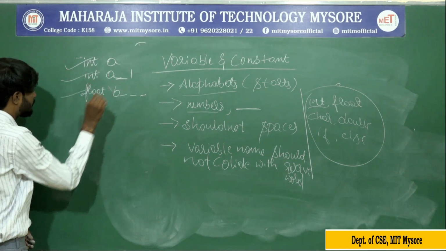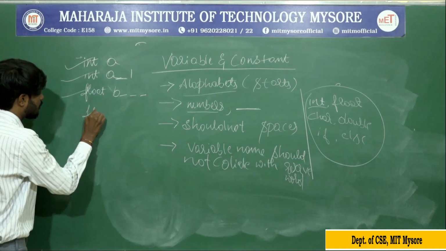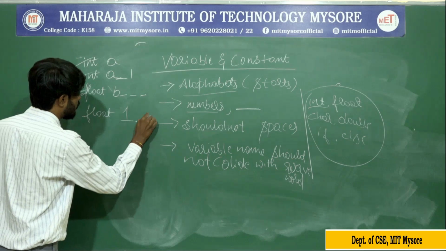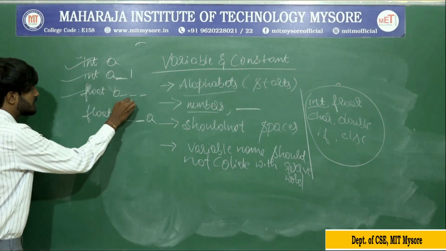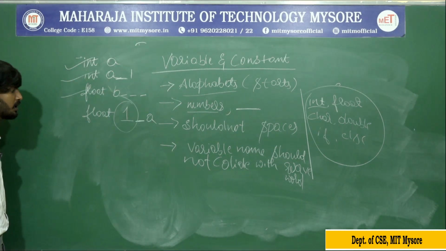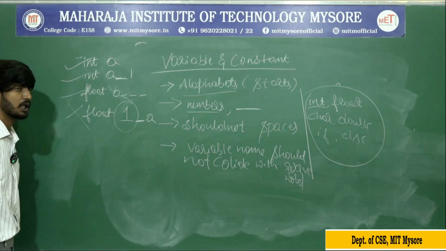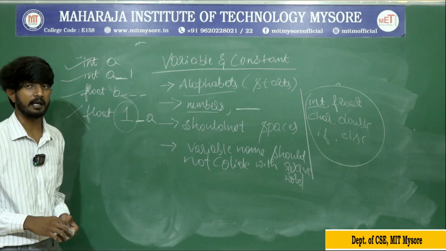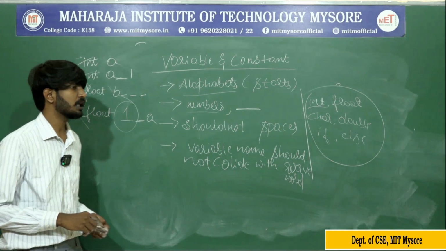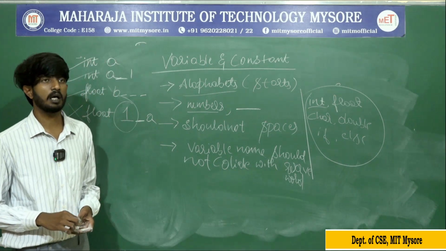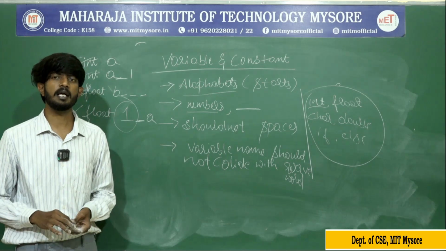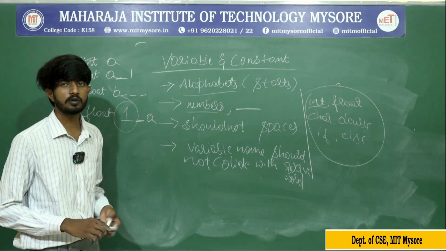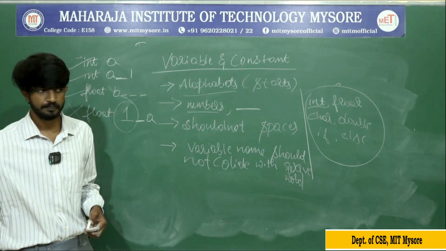This can be accepted. You cannot have this one. Since it is not starting with an alphabet, you cannot use it. The compiler will throw us an error saying you have not properly declared the variable. So this is how we are going to use the variables. Okay.